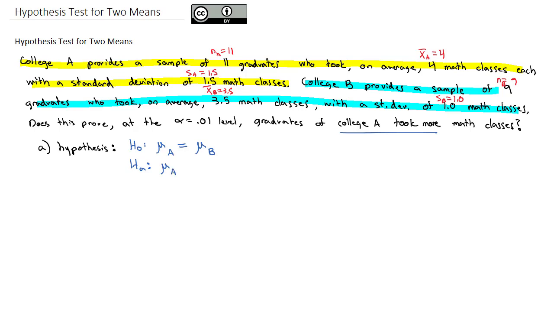So the average from College A is greater than the average of College B. If we were to draw a picture of this situation, what we've really got is an average difference of 0 between the two schools, and we want to show that A is bigger. We want to show that we have a right tail test.